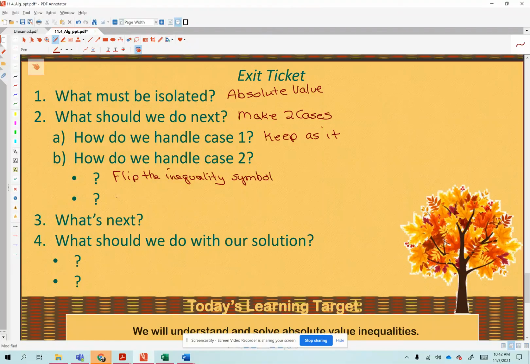And we change the non-inequality sign to its opposite.